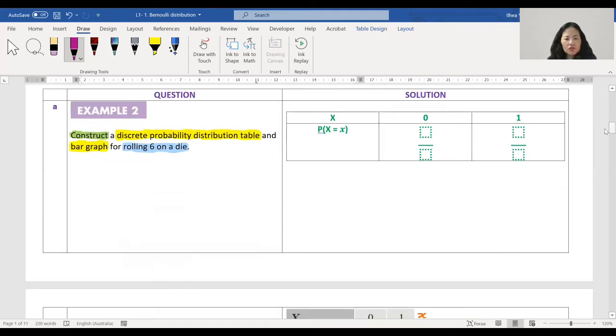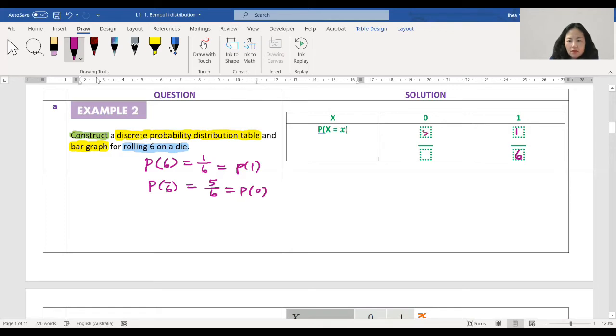Example 2, construct a discrete probability distribution table and bar graph, which I'm going to say is actually a histogram, for rolling a 6 on a die. Now, this is a Bernoulli distribution because it's 6 or no 6, so you're getting 2 outcomes here. Success would be 1/6, and no success would be 5/6.